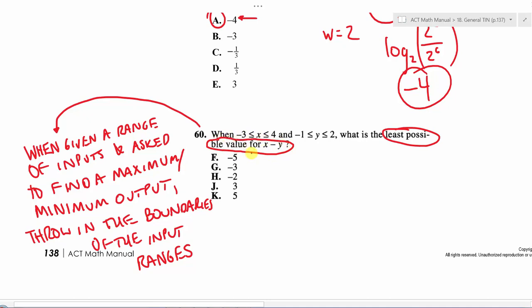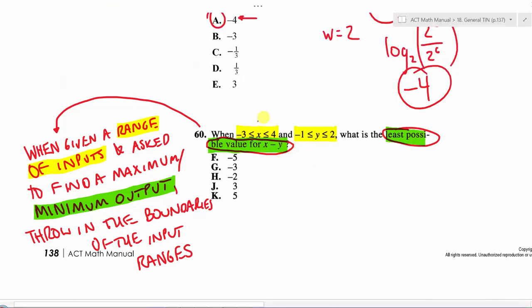So we have the range of inputs right here. There's a range of inputs for x and a range of inputs for y. And we are being asked for, in this case, a minimum output. The question is asking for the least possible value for the expression x minus y.